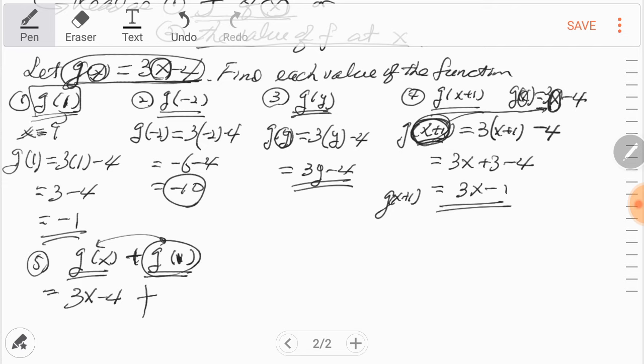For g of 1 the input is 1, so replace x with 1. Then 3 times 1 minus 4. Then simplify: 3x, minus 4 minus 1, so minus 5. So the result is 3x minus 5.